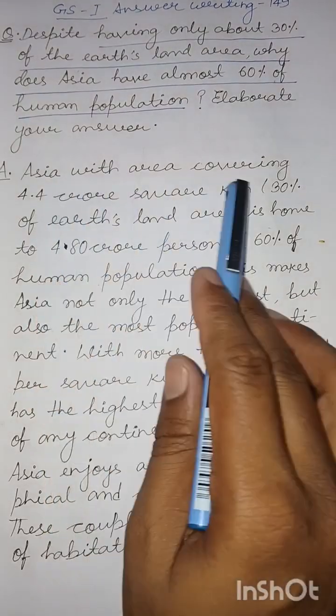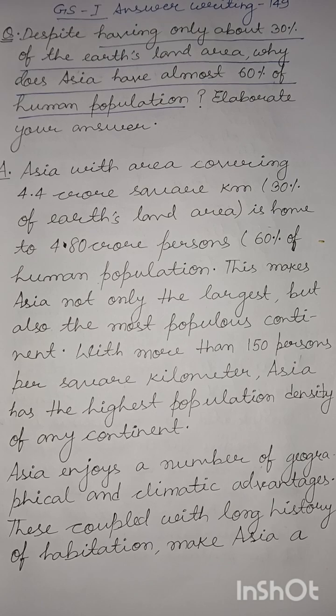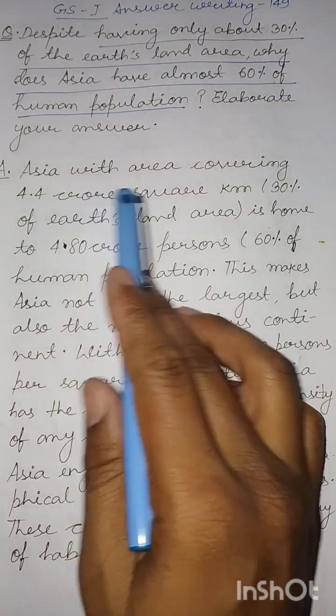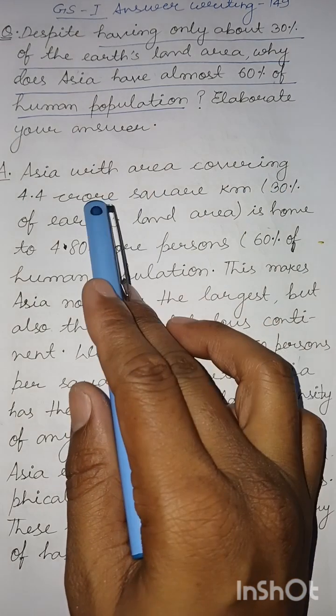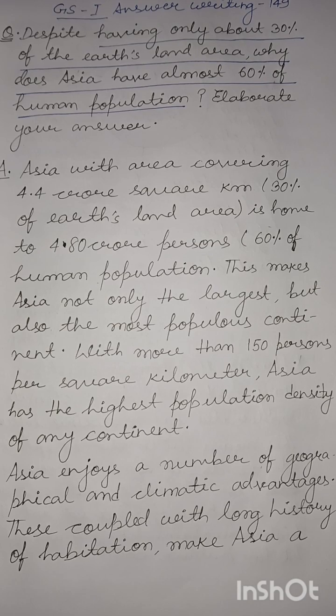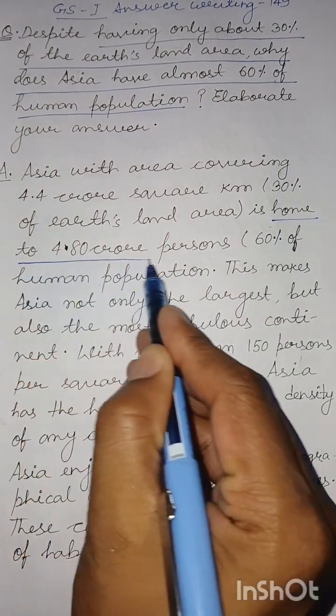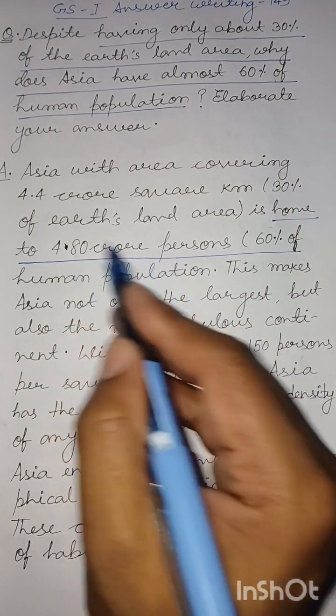Anyway, we are starting with a piece of data, a piece of statistics that could actually burnish the argument made in the question. Asia, with an area covering almost 4.4 crore square kilometer, that is 30% of Earth's land area, is home to 480 crore persons. It's 480, not 4.80.